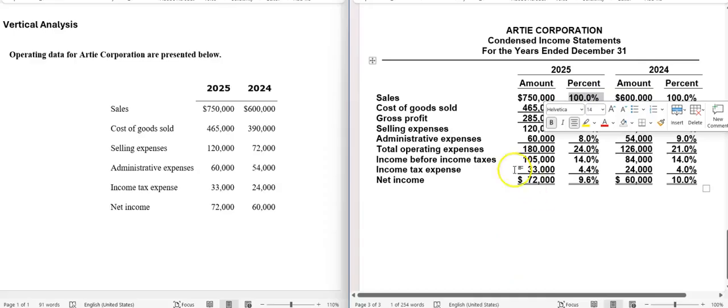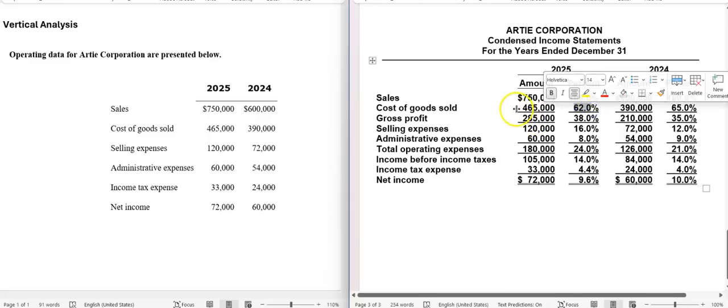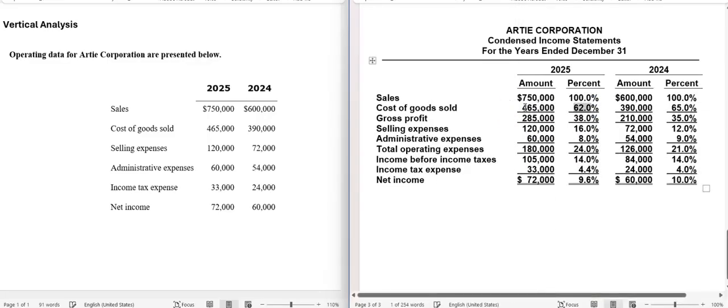right? Well, that makes sense, right? Sales are sales. Cost of goods sold, this line item, 465, divided by sales. Cost of goods sold is 62% of the revenues earned. In other words, 465,000 is 62% of the revenues of 750.